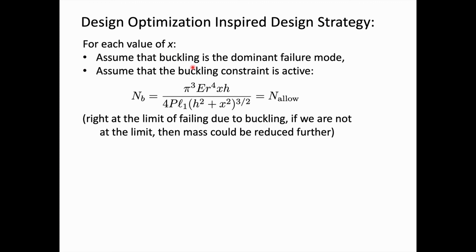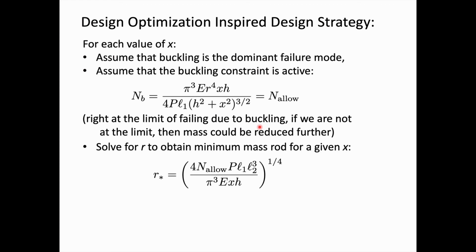So then we can state that this formula for buckling is going to be equal to n allow, which is equal to 1. And now we can use this relationship to solve for unknowns. We're assuming that we're right at the limit of failing due to buckling. If we were not at this limit, then mass could be reduced further, and it would not be an optimal design with respect to mass.